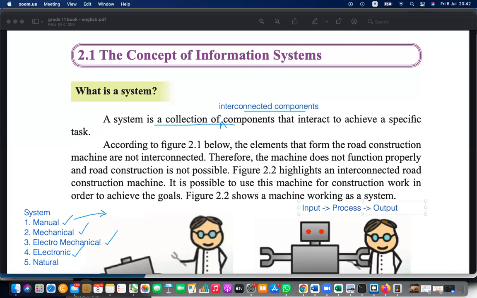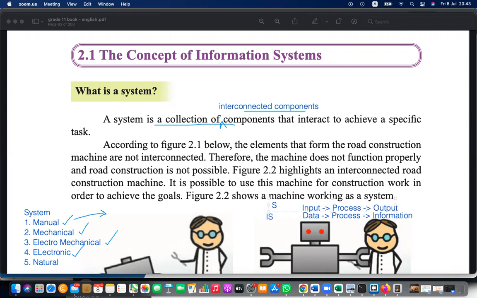Any system will have input, process, and output. But especially the information system uses data as input, and it will process it to produce meaningful facts, which are called information. Meaningful things, information. Data, process, and meaningful information. This is the information system, IS. And this is generally a system.